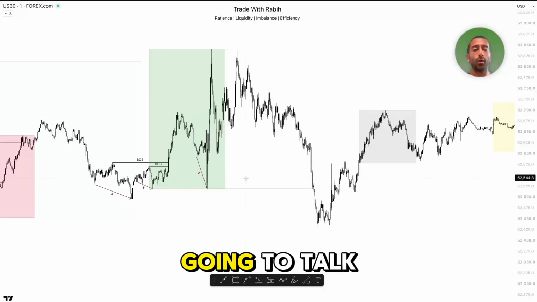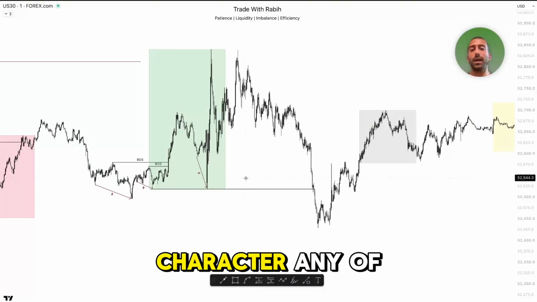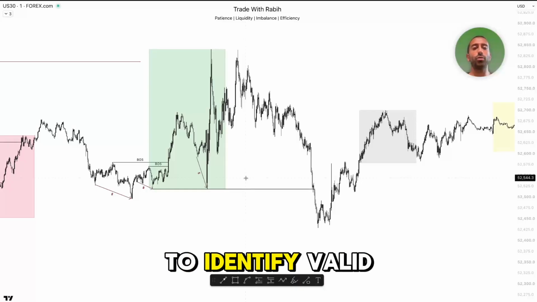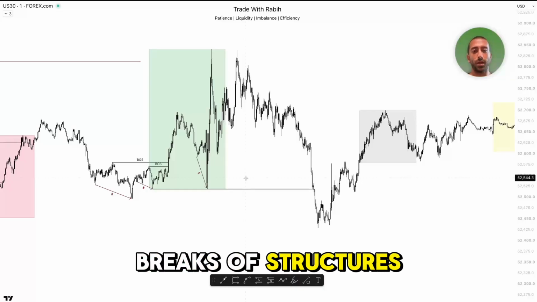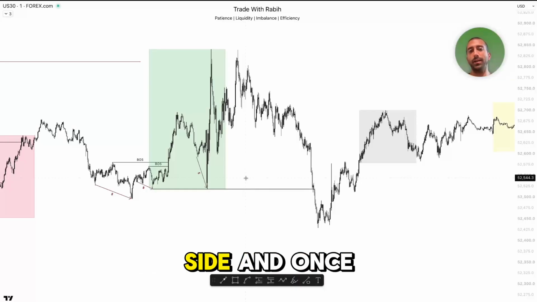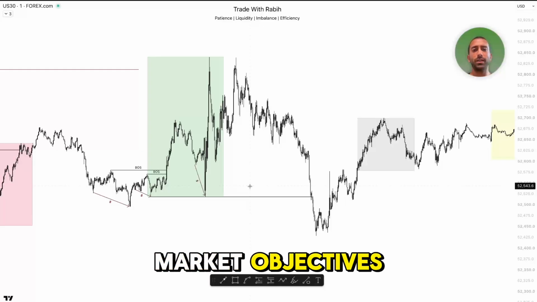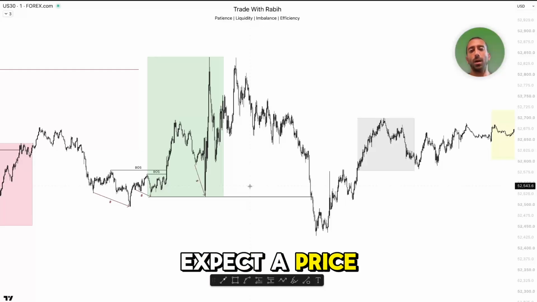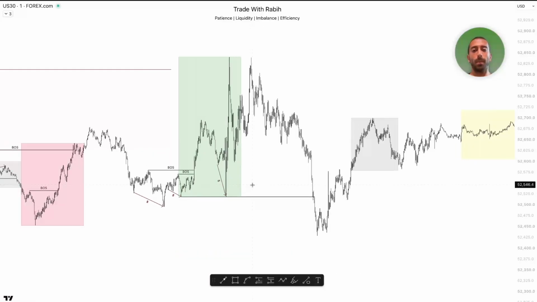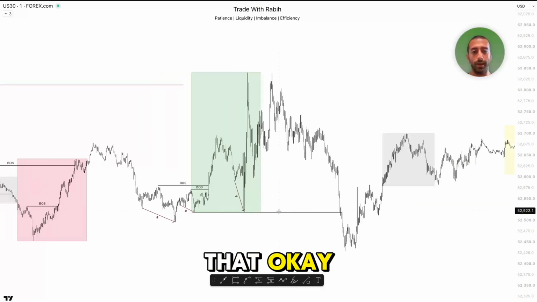We're not going to talk about a market shift, a change of character, any of these. Today, we're just going to identify valid breaks of structures from the bullish side and the bearish side. And once we are done with this, I will make a video about market objectives and when to expect price to reverse and liquidity cycles and all of that. Okay?